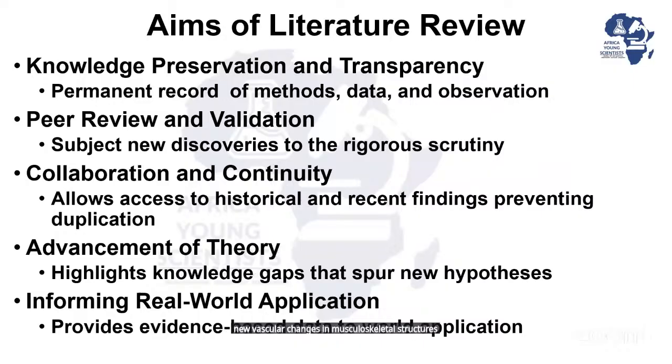So the first question is, in the past, how has this been studied at all? What methods have people been using before? People have been using 2D histology to study how blood vessels change in musculoskeletal structures during aging, or during disease progression like rheumatoid arthritis or osteoarthritis, as the case may be.